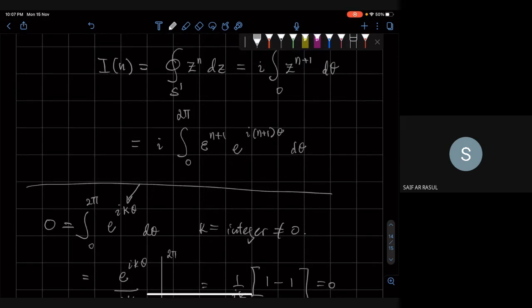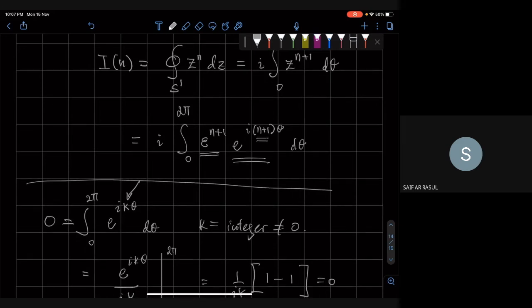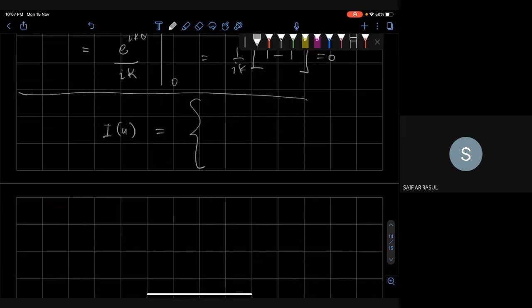When is it non-zero? It's only non-zero when this is 0. When this is 0, n is 0, this guy is 1. And in that case, we are just integrating d theta from 0 to 2 pi. So in that case, the result is 2 pi i.